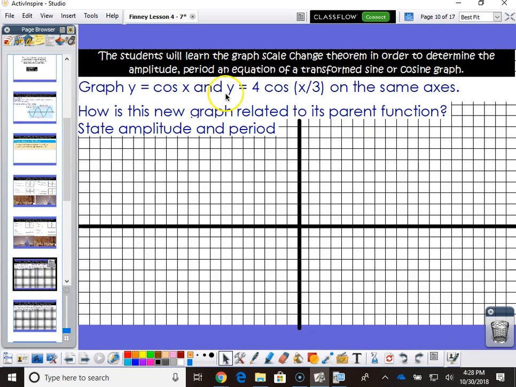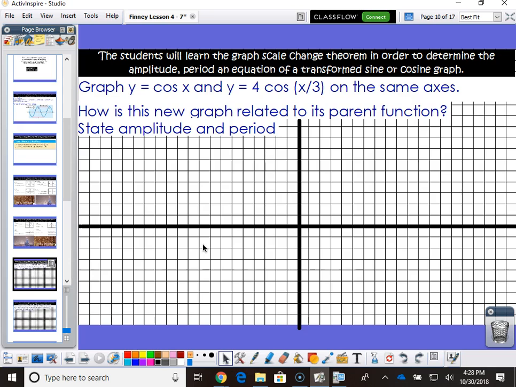So what we want to do is try to relate that to the same parent function and the new cosine function. All we're doing is looking at amplitude and period. So the first thing we want to do is just graph our normal cosine curve. That's not going to be difficult. We need a scale.